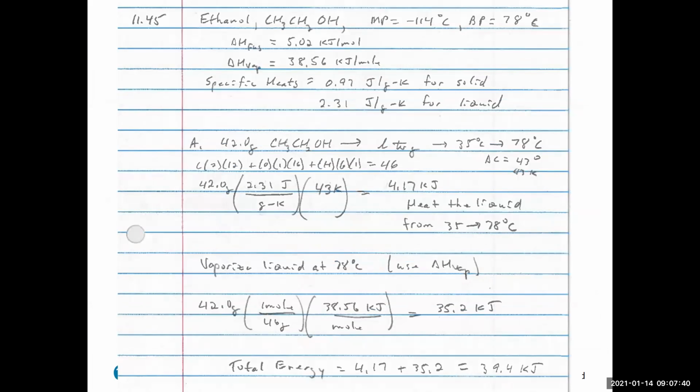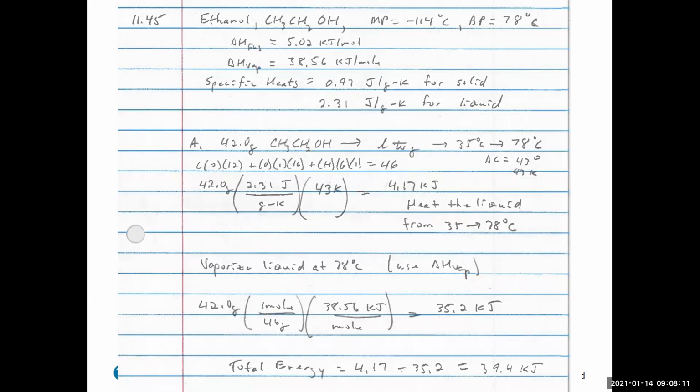We're told that it melts at minus 114 degrees C and boils at 78 degrees C. It tells us the enthalpy of fusion, delta H with a little f for fusion, is 5.02 kilojoules per mole. Its enthalpy of vaporization, delta H with a little v, is 38.56 kilojoules per mole.